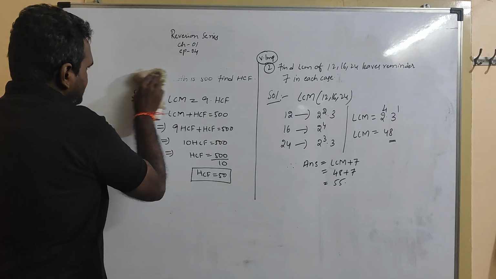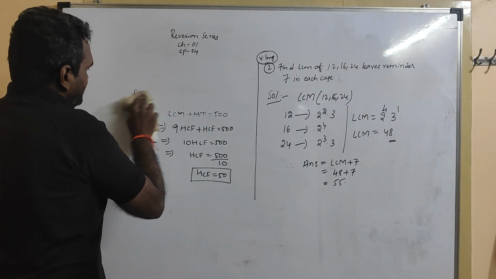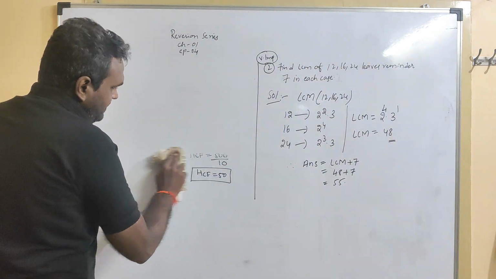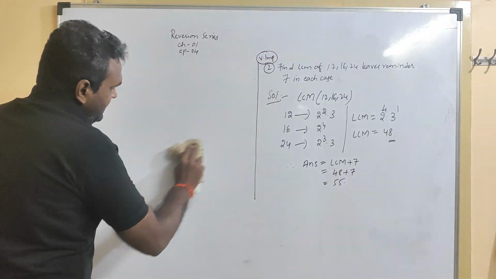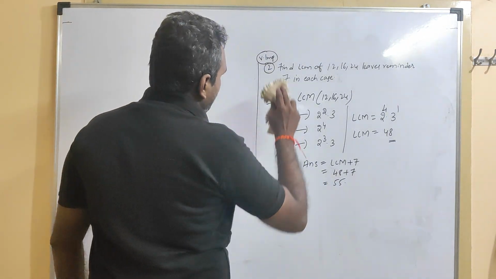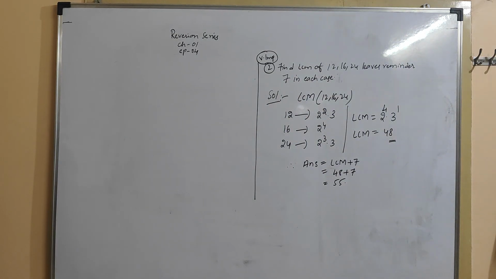If leaving remainder is given, you have to add that to the answer you got. See, if 3 numbers are given and 3 remainders are given, that is a different model. If 3 numbers are given and only 1 remainder is given, that is this model. Here you have to be careful. Am I clear regarding this? Next question.